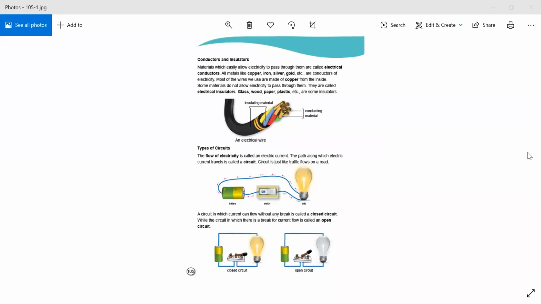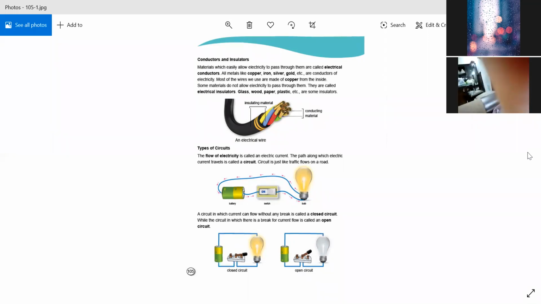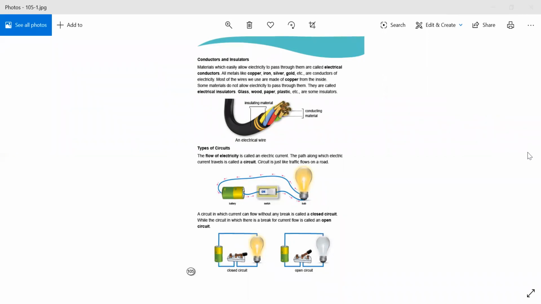Okay, students, first of all, we got to know the difference between conductors and insulators. Now we will read about the types of circuits, and what a circuit is. So basically a circuit is the path of the flow of electricity.